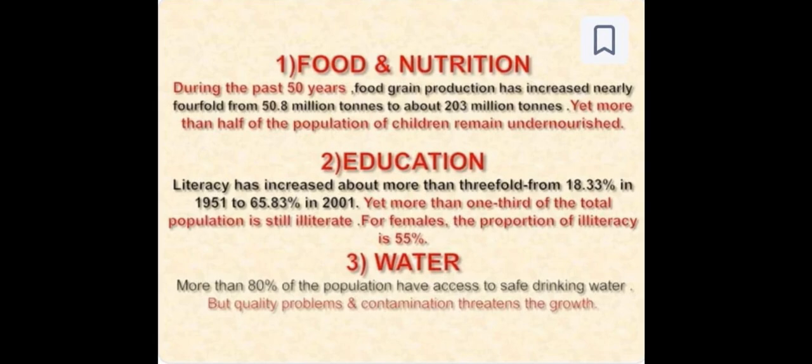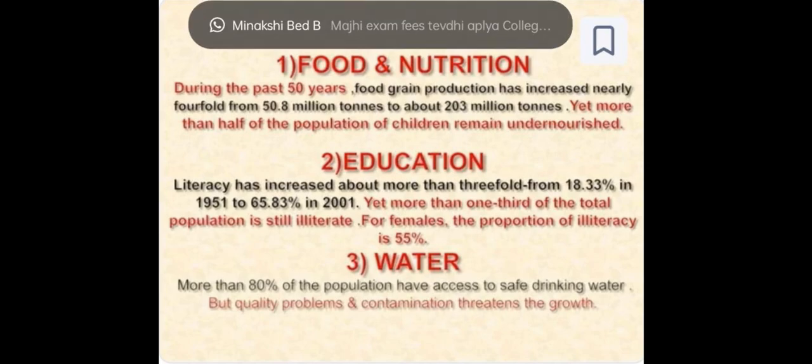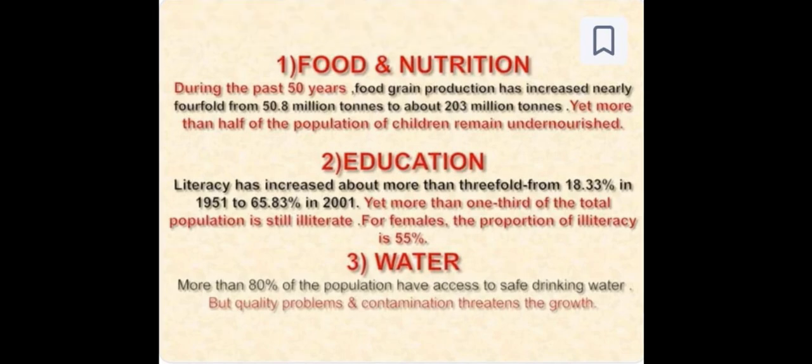So we see how much we have educated and increased our literacy. Yet more than one third of the total population is still illiterate. For females, the illiteracy rate is 55%, meaning 55% of women are still illiterate.